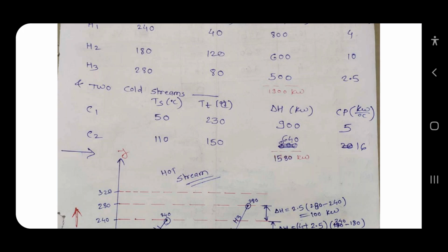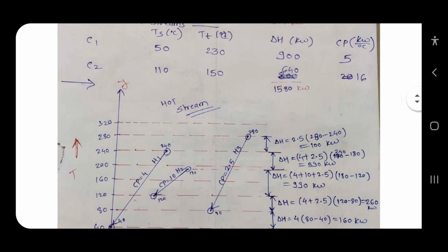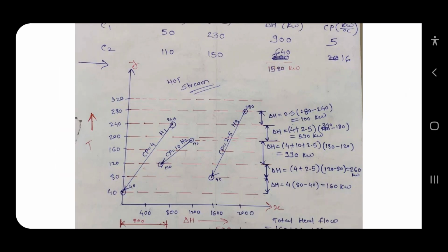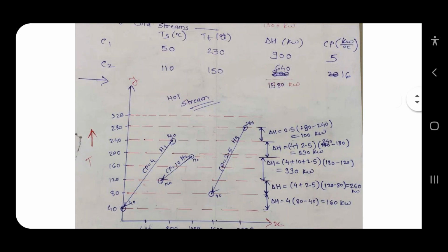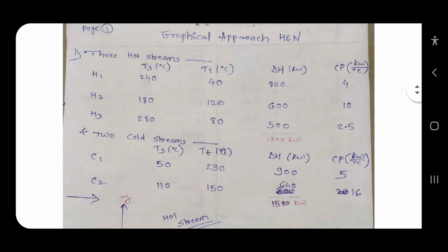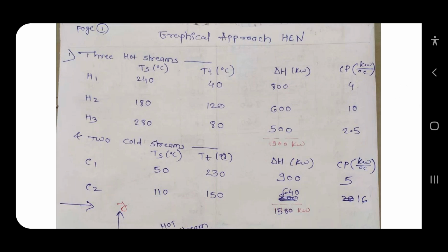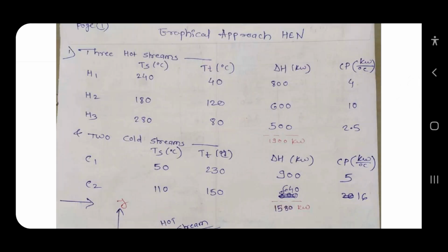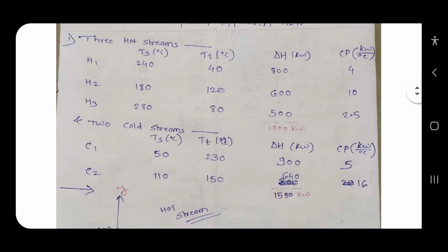Now start with the plotting section. On the x-axis I will take delta H, depending on my scale value. The delta H values are 800, 600, 500. Start with only the three hot streams.